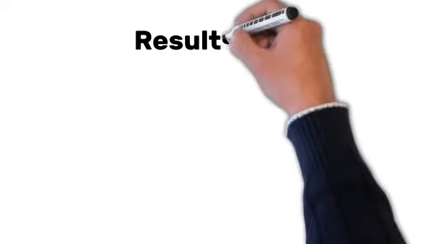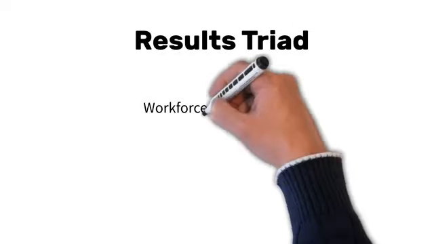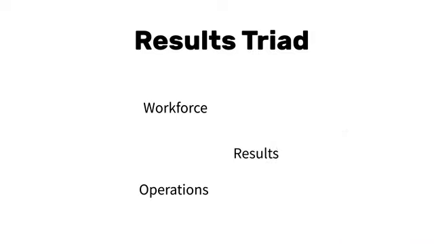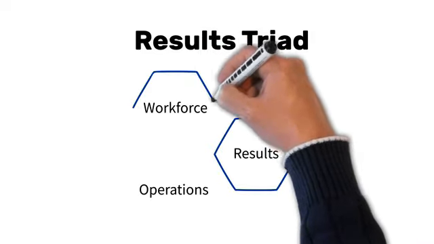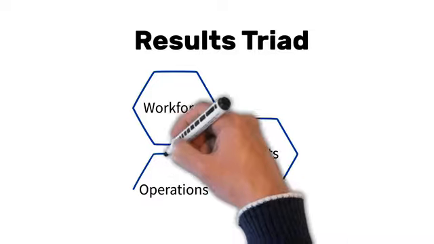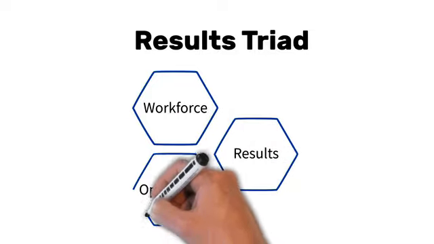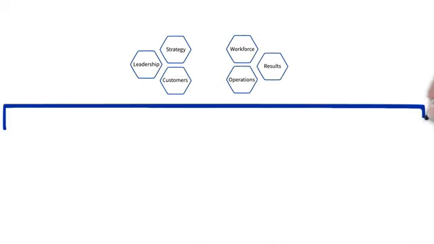We just talked through what is referred to as the Results Triad: workforce, operations, and results. It's called the Results Triad because results are the outputs and outcomes an organization achieves through its operations and workforce approaches.